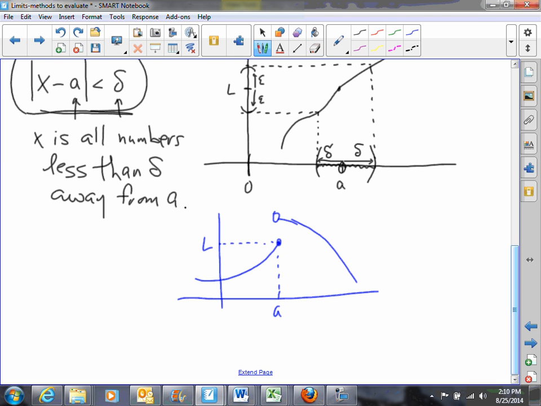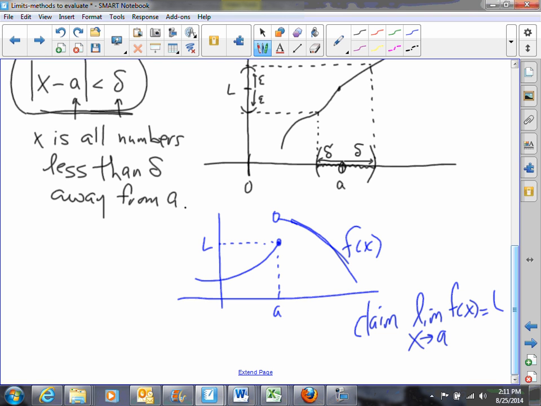Then it does something like this. Now, let's say I'd like to claim that for this f of x, the limit as x approaches A of f of x equals L.